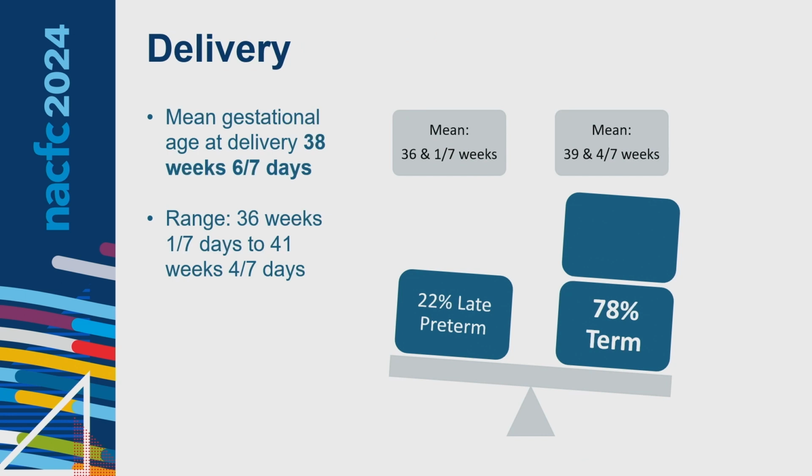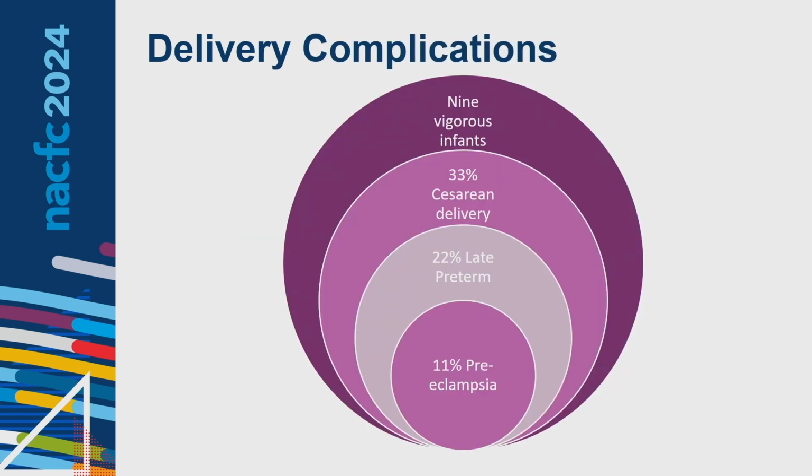Delivery, on average, these babies were delivered at term, 38 weeks and 6/7, but a range from 36 and 1 to 41 and 4. The 2 infants that were late preterm were both delivered at 36 weeks and 1 day, and the average of the term infants was 39 weeks and 4 days. All infants were vigorous.